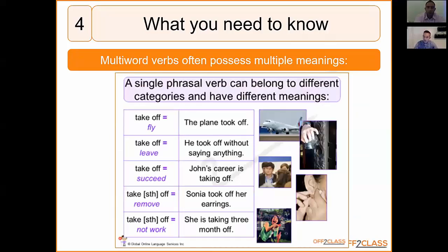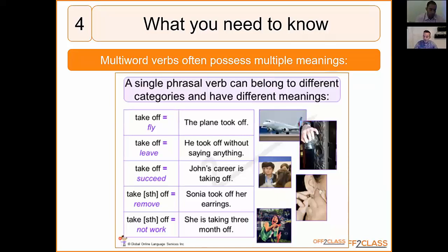multi-word verbs, and of course there's even greater confusion when they can look the same but then belong to different categories. So in the first one, you can see that "to take off," which means to actually fly, doesn't take a direct object. It's therefore intransitive, and it gives the meaning of fly.